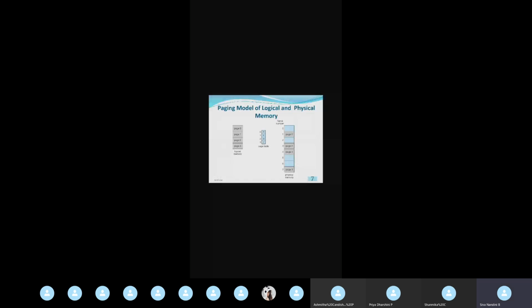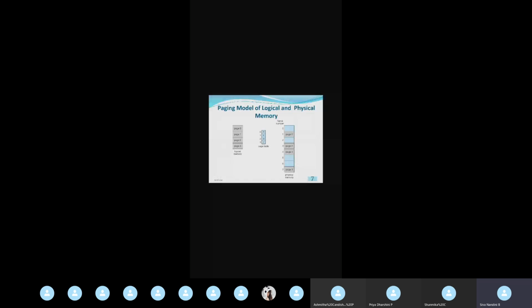All these sections of memory are of uniform size. Here in this physical memory, we are having 8 sections of memory. Each section of memory is known as a frame. That is, the frame numbers start from 0, 1, 2, 3 up to 7. We are having several frames in the physical memory.